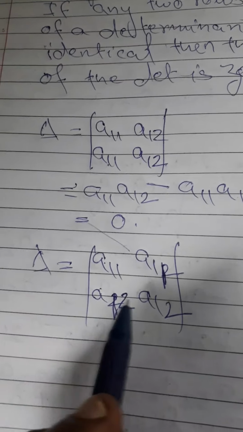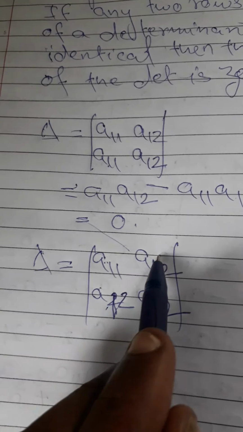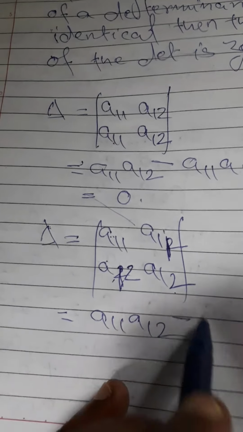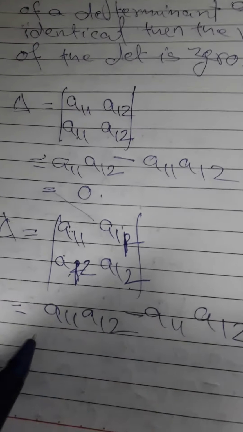So here column C1 and column C2 are identical. Expand it: a11 a12 minus a11 a12. So this is 0.